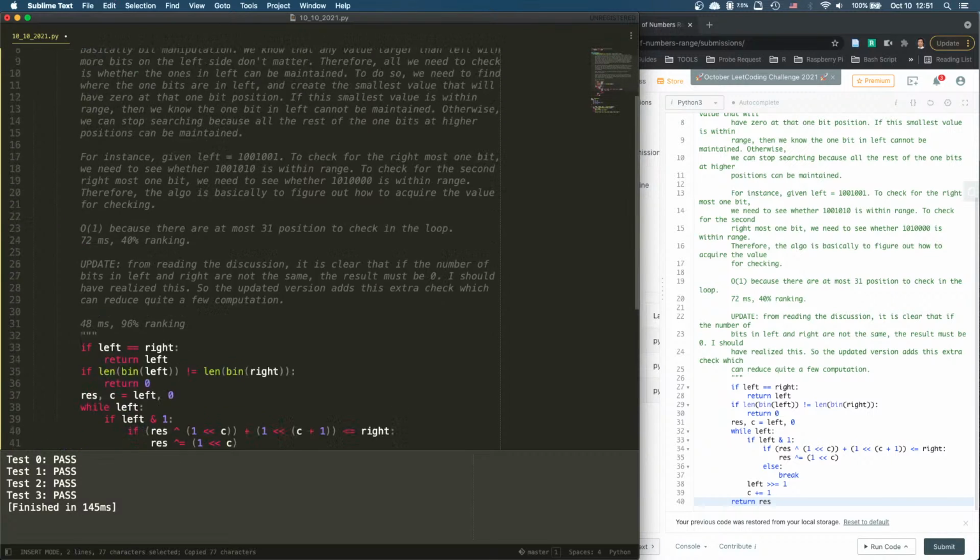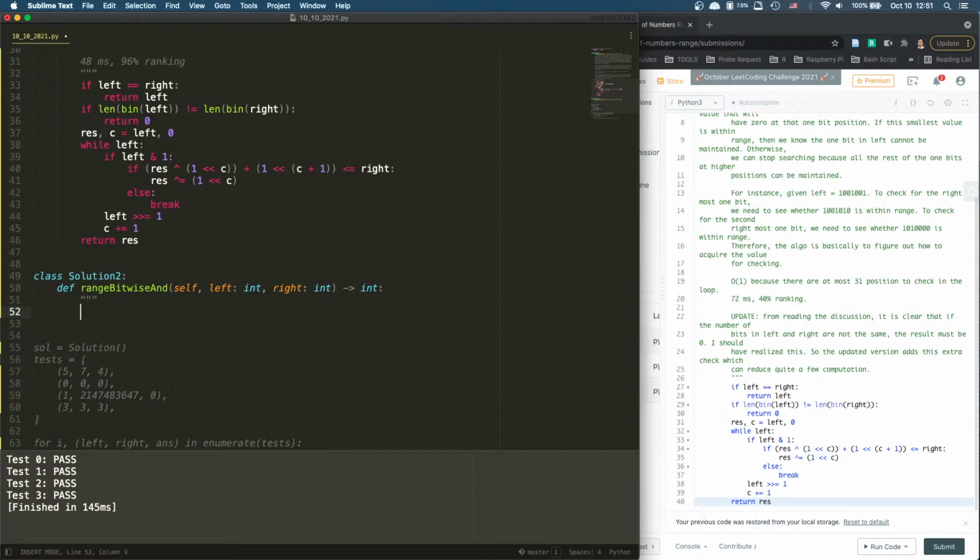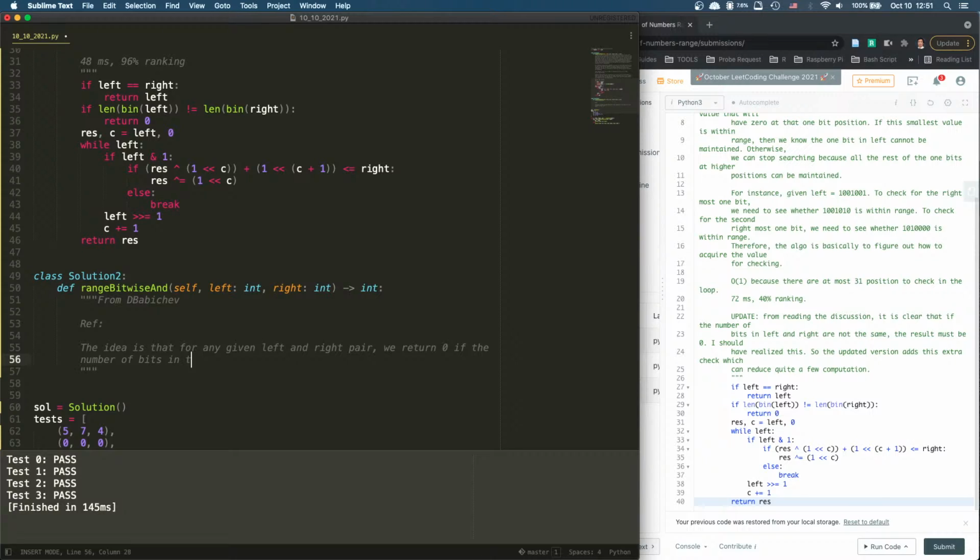Let's try this. So this one is from Bobby Chef. I'm going to put a link later. So the idea is that for any given left and right pair, we return 0 if the number of bits in them are different.